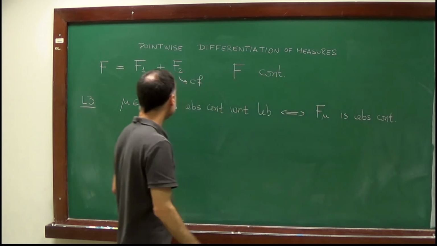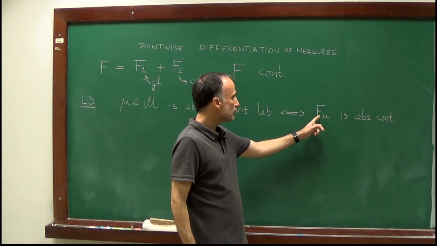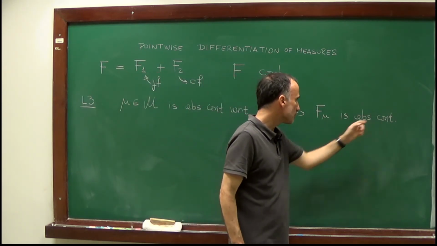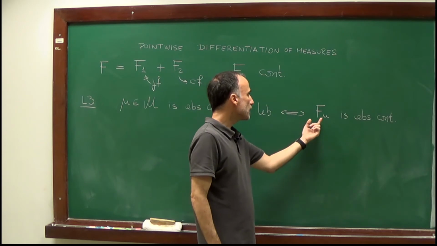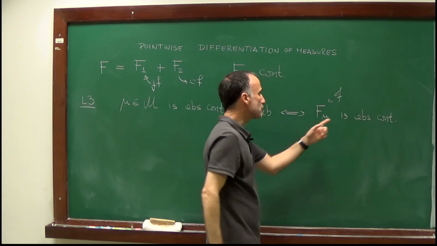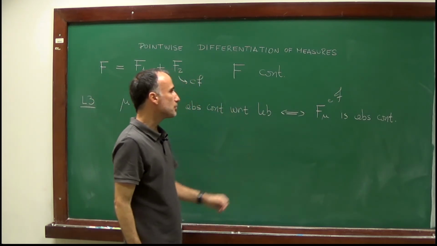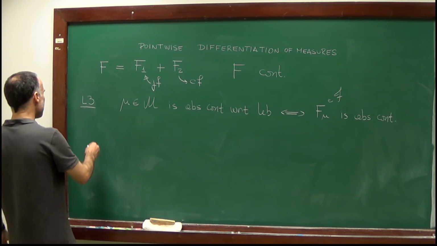And again, this means that if I have a measure mu which is absolutely continuous, then the associated monotone function is absolutely continuous. And conversely, if f in F is absolutely continuous, then the measure associated to it is absolutely continuous with respect to the Lebesgue measure.